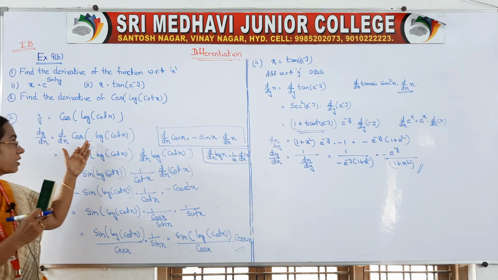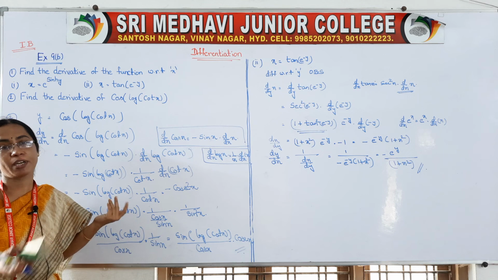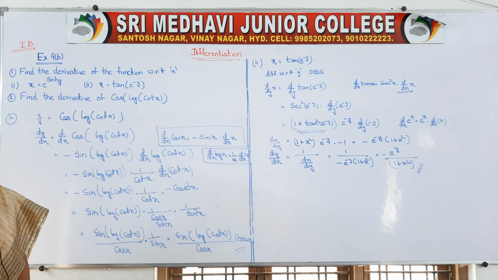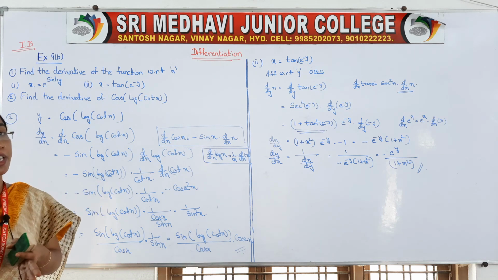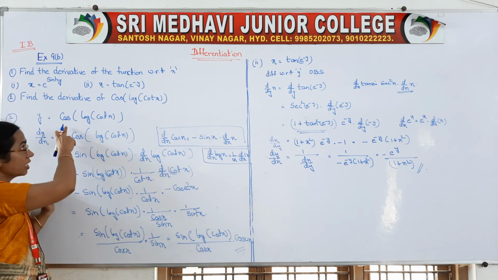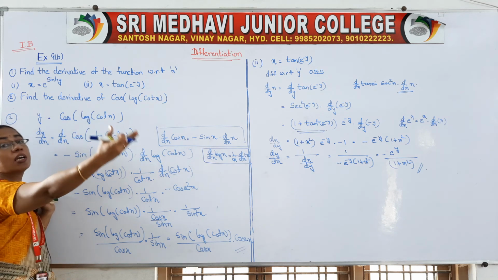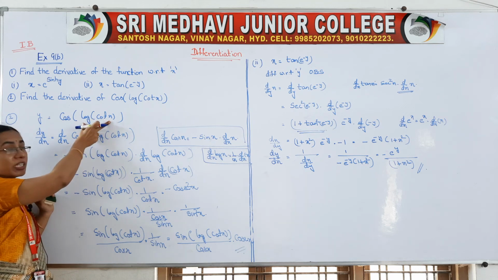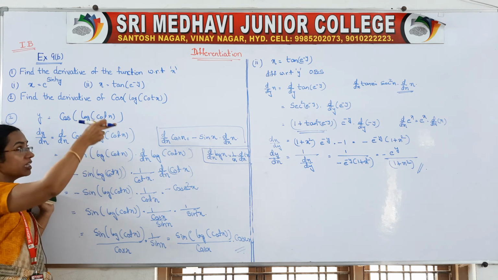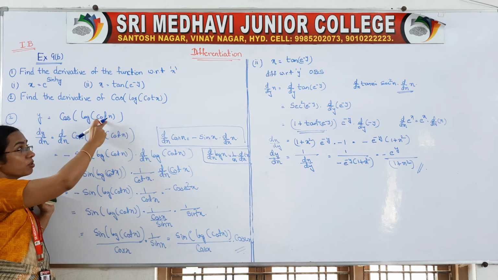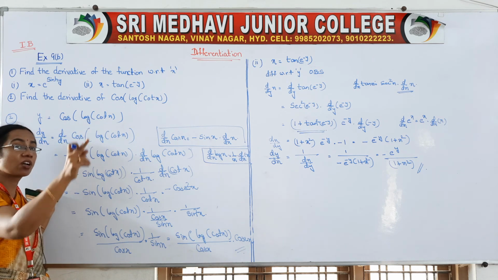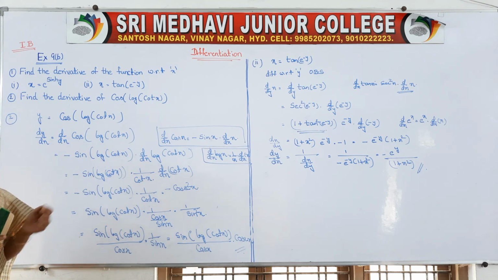If it is only cos x, then no problem, directly we will take d by dx of cos x. Suppose it is only tan y, then no problem, directly we will take tan, but tan of some variable and cos of, see, cos of log of cot x. So first with the cos of, this will be the variable, so you have to write d by dx of this variable. While doing this, your cot x is a variable, so you have to write d by dx of cot x. So be careful with the formulas.